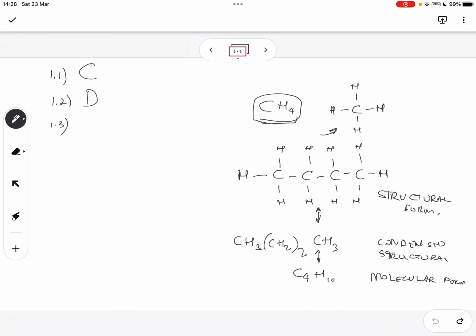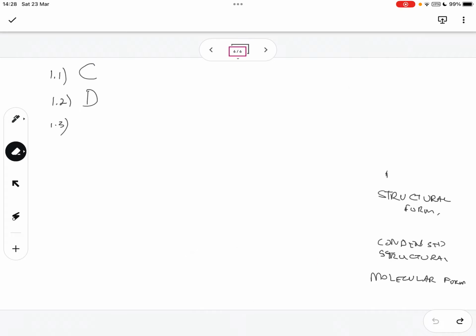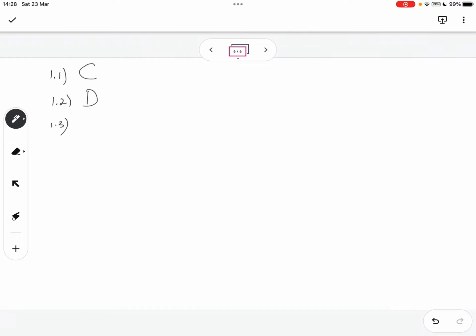It will help me understand what kind of structure it is. They're isomers, so they're all going to have the same molecular formula. So the first one would be CH3.